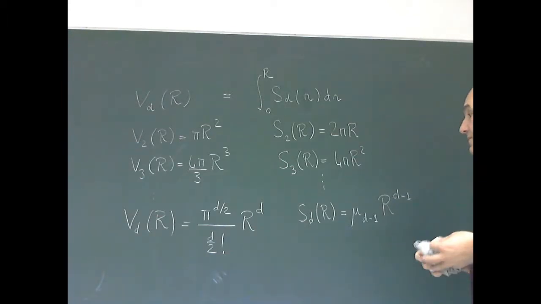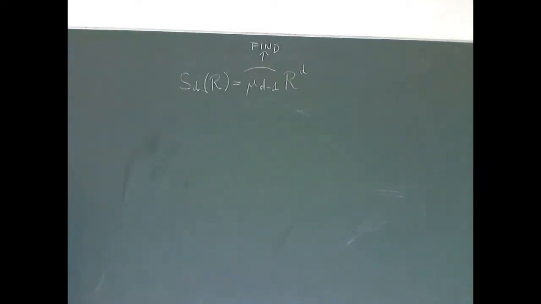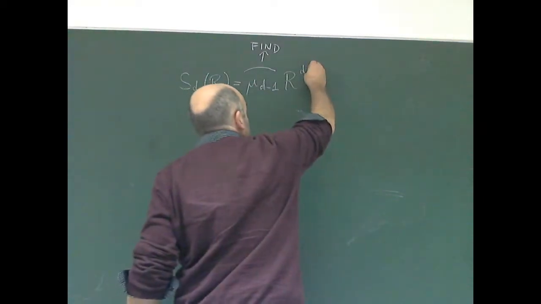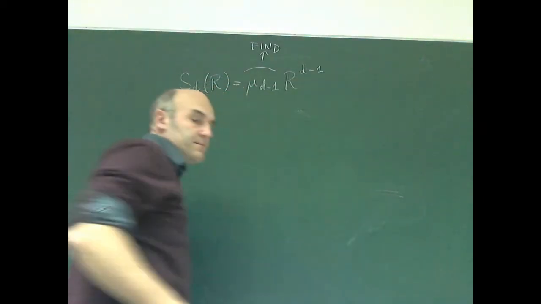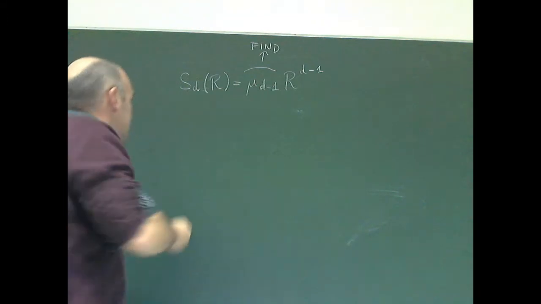So remember this definition, and that's what we want to compute. This is our task, to find this scale factor, which we call mu d minus 1. Sorry, there is a minus 1 also here. So how do we compute this?